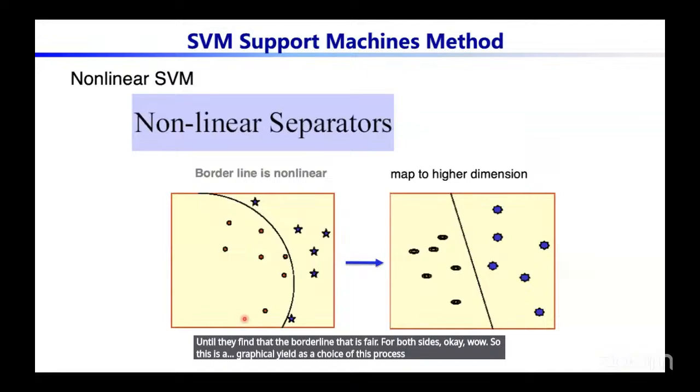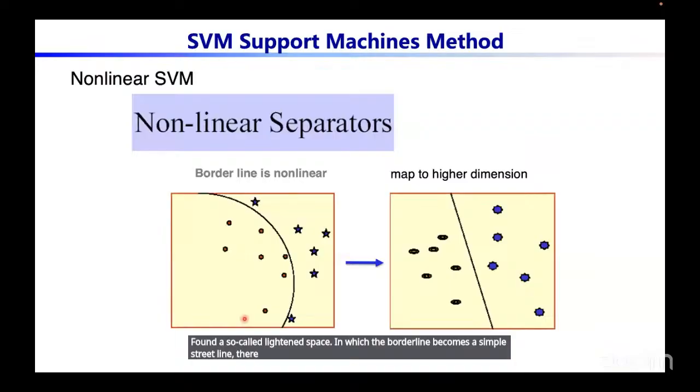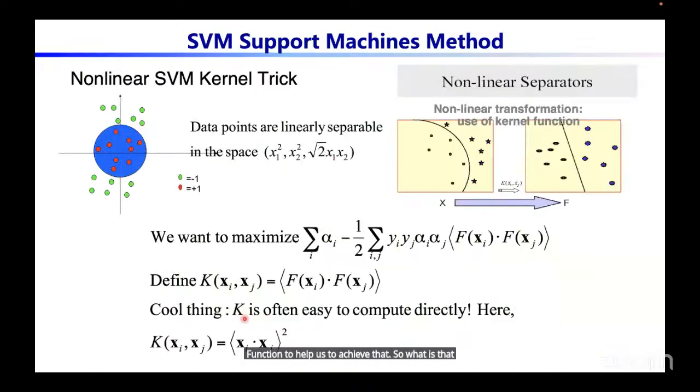Now there's this question: initially we have a nonlinear borderline, a nonlinear or irregular separation of the samples. How can we find a so-called latent space in which the borderline becomes a simple straight line? There must be some nonlinear function to help us achieve that. So what is that nonlinear function?